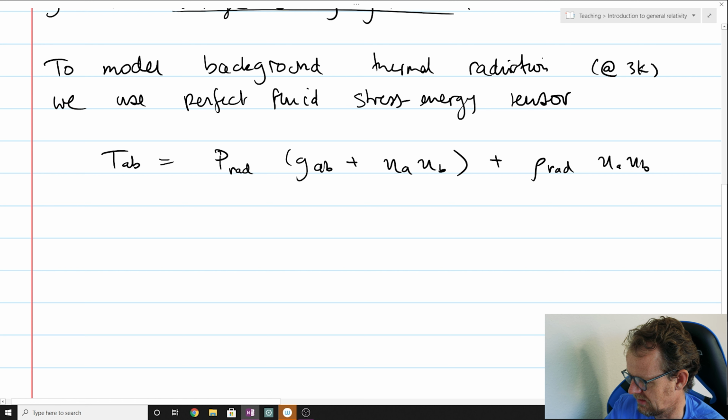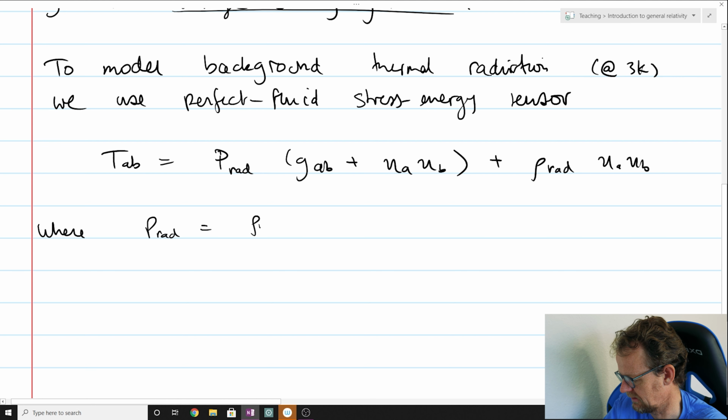So we use for the stress energy tensor of the radiation field the perfect fluid stress energy tensor, where in this case the pressure of the radiation field is exactly 1/3 of the density.